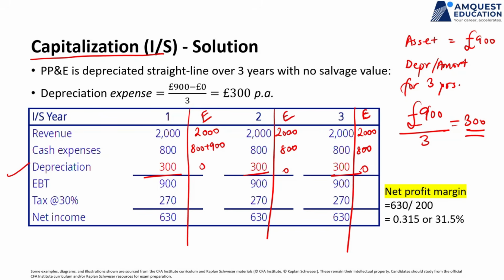And now I think the comparison will be easy. If you have to capitalize it, 300, 300, 300 gets subtracted. But if you have to expense it, all of it gets in the first year itself, 1,700. And therefore your profit is only 300 here, out of which if you take 30% tax, which is 90 out of it, you're left with 210 of profit.